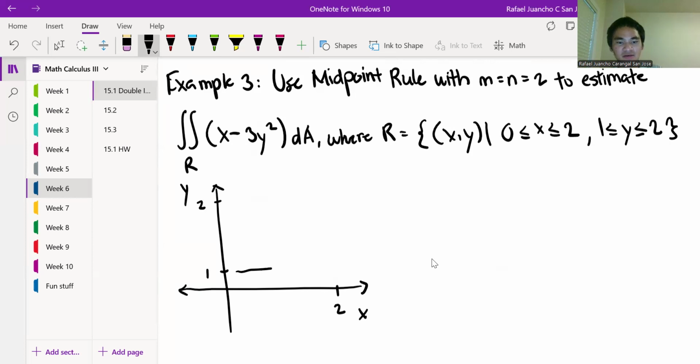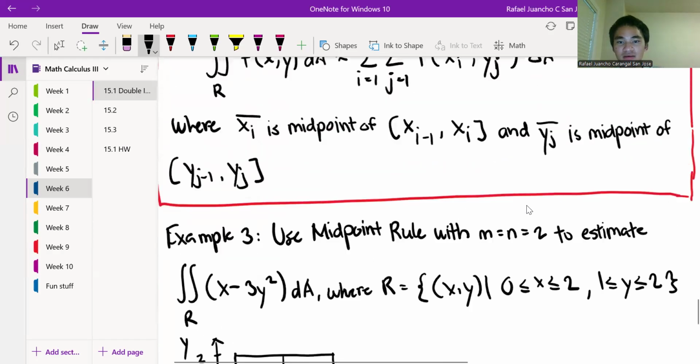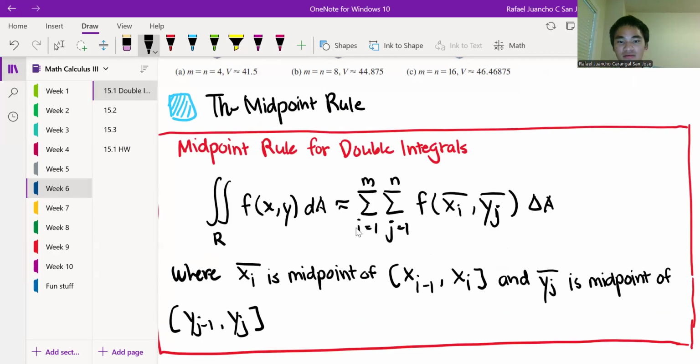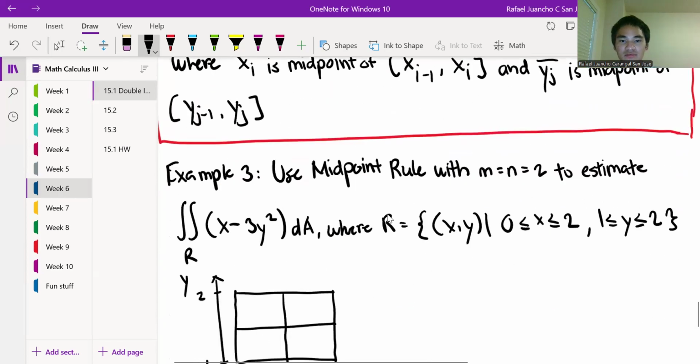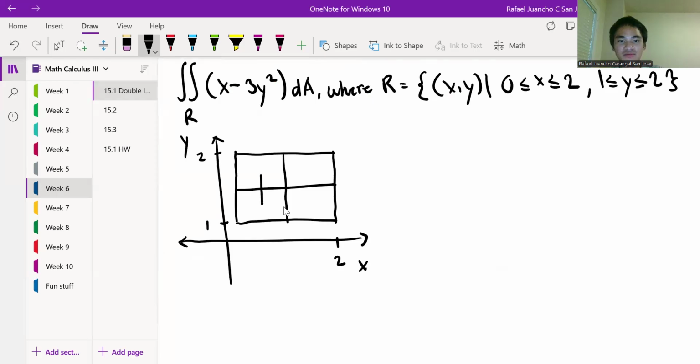And so that's my rectangle. And we have m and n equal to 2, so I cut them both like that. So my n is this, or my j. Then my i is this.